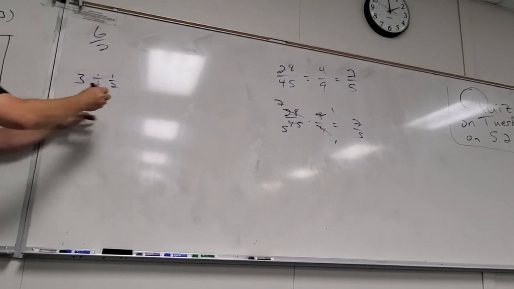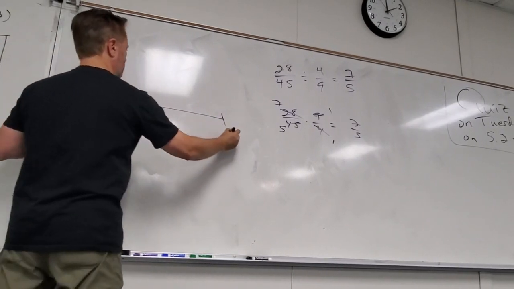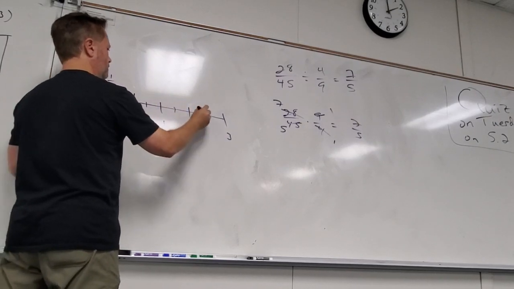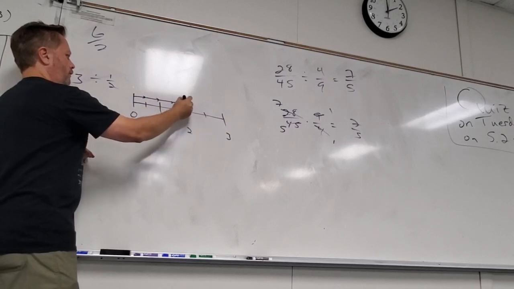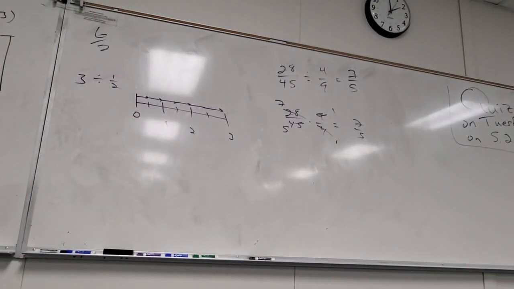So again, if I wanted to, I could do a number line kind of idea. So here's 1, 2, and then there's bam, bam, bam. So how many halves fit into 3? 1, 2, 3, 4, 5, 6. Sweet, right? Very visual, counting elements, right?